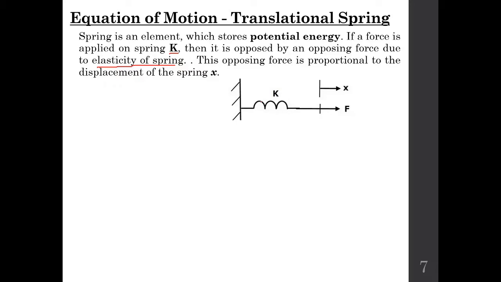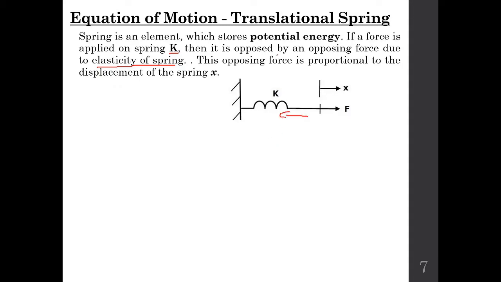In simple words, the more you stretch the spring, the more will be the opposing force. So if you apply a force in this direction, this is the external or applied force, and the spring will always exert an opposite force in this direction.